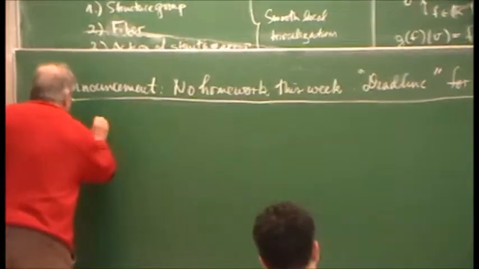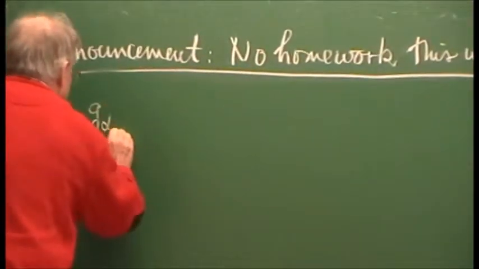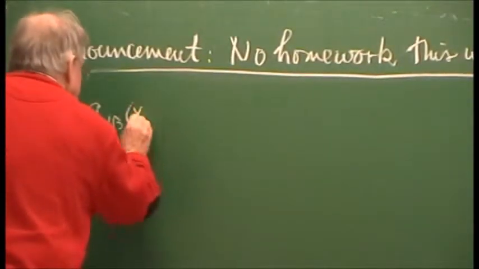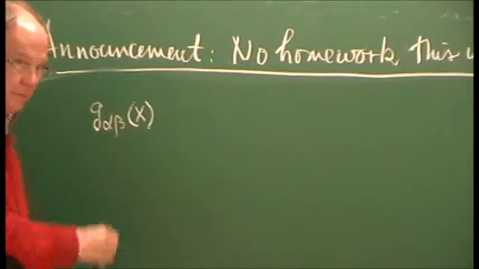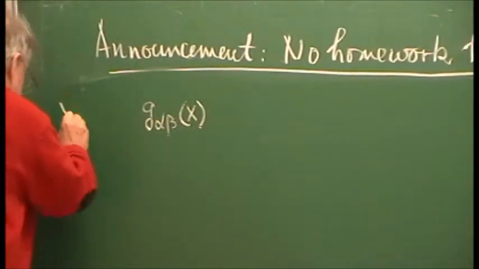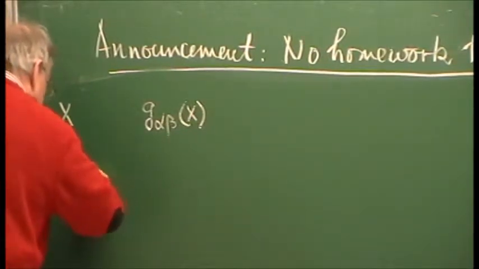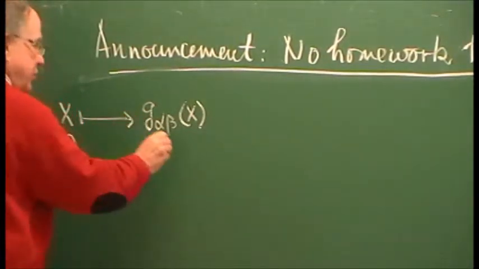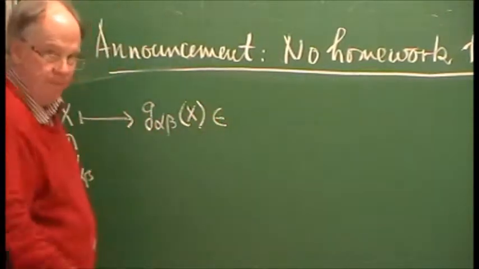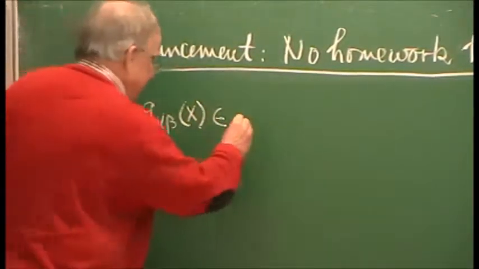So what we're talking about is G alpha beta of X. Just to make sure we understand, X is in U alpha beta and is mapped by this transition to this matrix. Okay? That's your point.